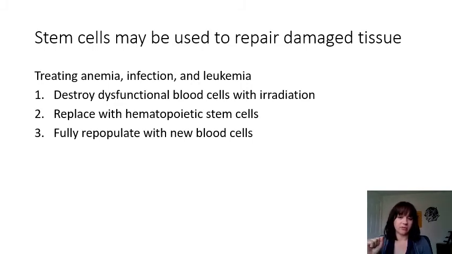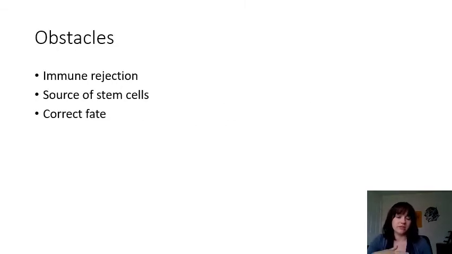Those are going to divide over time, and they are going to basically give that person a whole new set of blood cells. And the idea is that now they've removed all the cancerous or the infected cells, and this person could move on and have a healthy body.